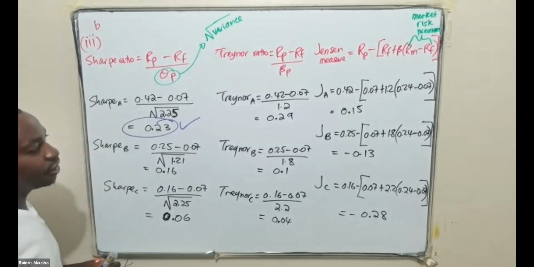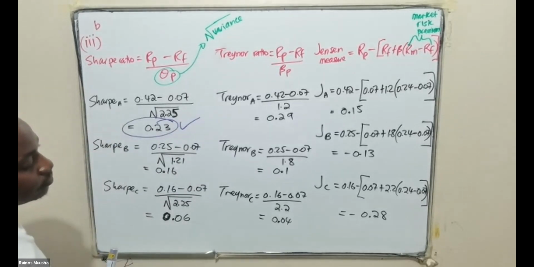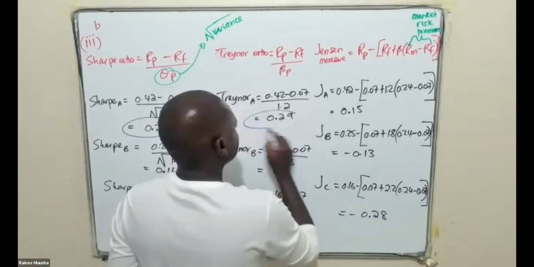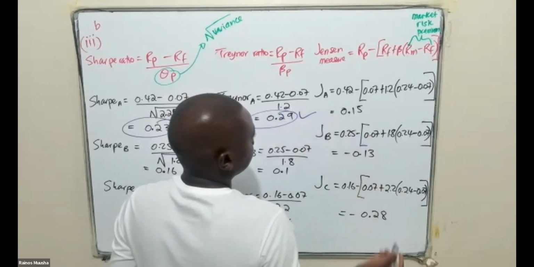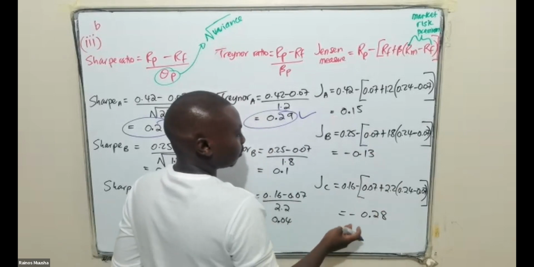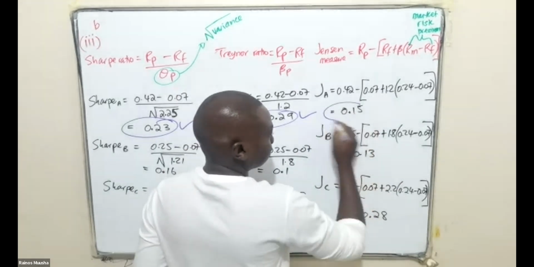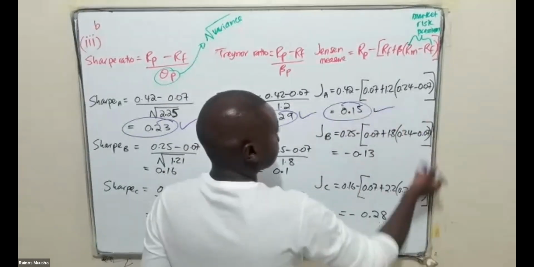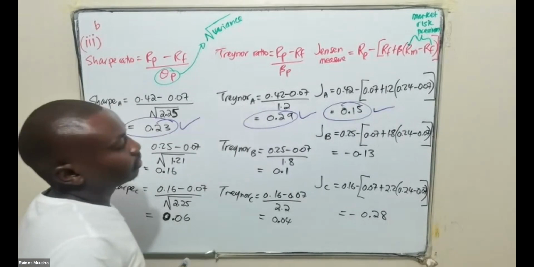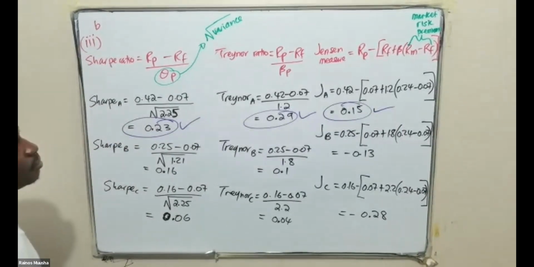And when you look at the Treynor ratio, A was also best performing. And the Jensen measure, it's clear because these ones are having negative risk-adjusted returns. So A was also best performing.